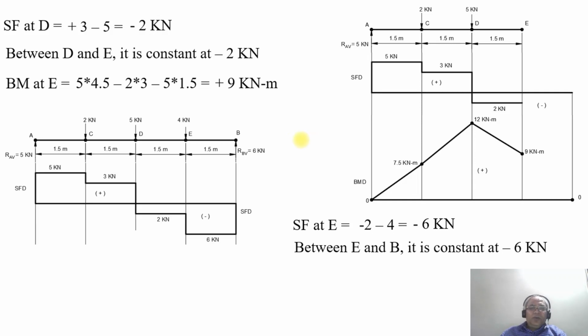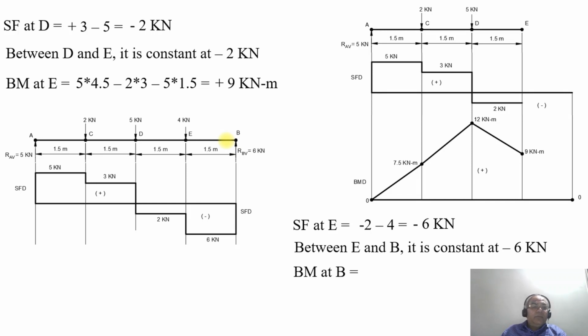That is how you get the shear force diagram, where the shear force at the point E is minus 6 kilonewton, because between D and E, it remains constant at minus 2. Then since the load is acting downwards, it is negative, minus 4 kilonewton. Since you are already at minus 2 kilonewton, minus 2 minus 4 becomes minus 6 kilonewton. Between E and B, as there is no other load acting on the beam, it remains constant at minus 6 kilonewton.